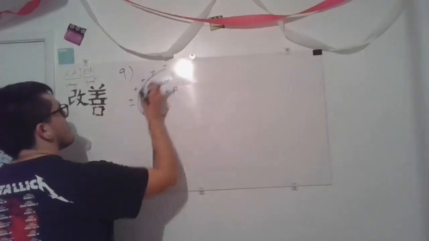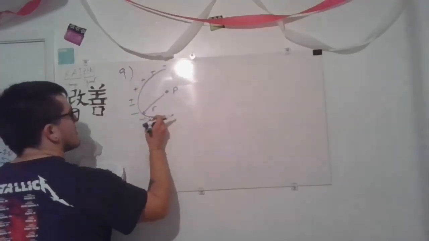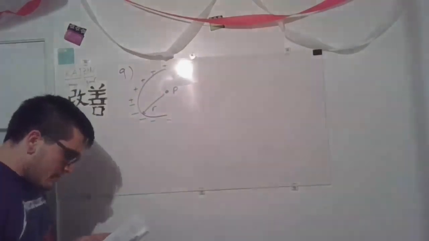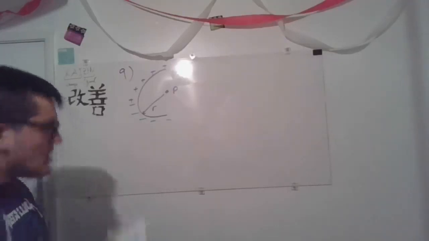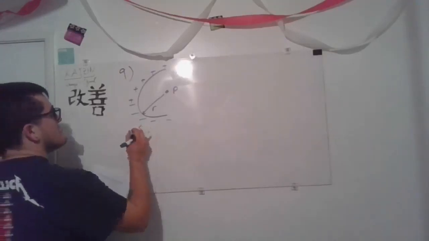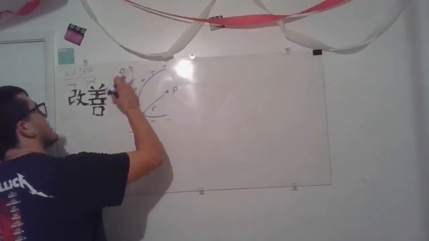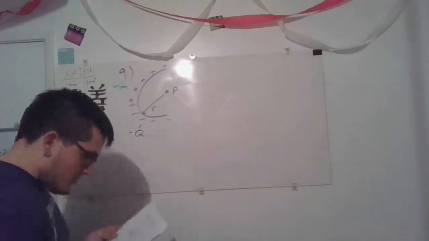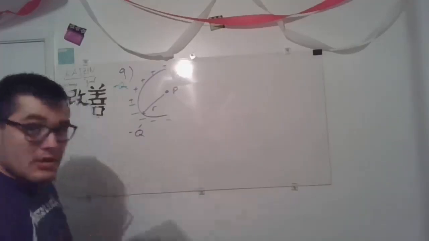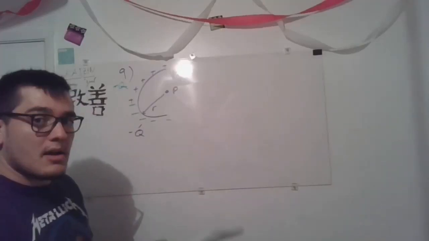One, two, three, four, 5. Okay. So this bottom half has charge negative Q. This top half has positive Q. And they want to know the electric field. Awesome.